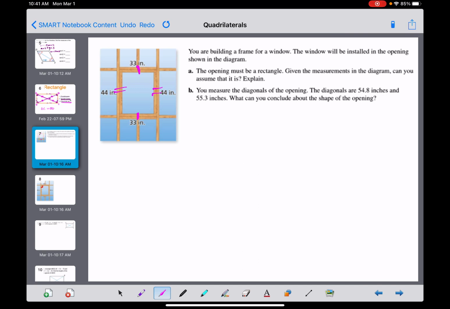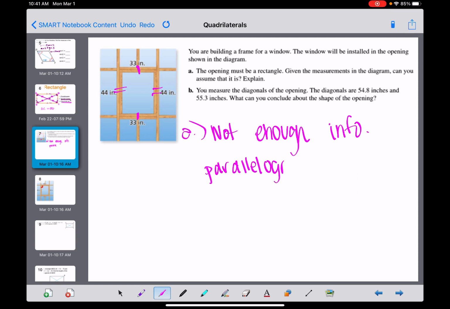All we're given as part A is that opposite sides are equal. That is not enough information to conclude that it is a rectangle. The only conclusion that we can make right now is that it's a parallelogram, because a parallelogram characteristic is that opposite sides are congruent.